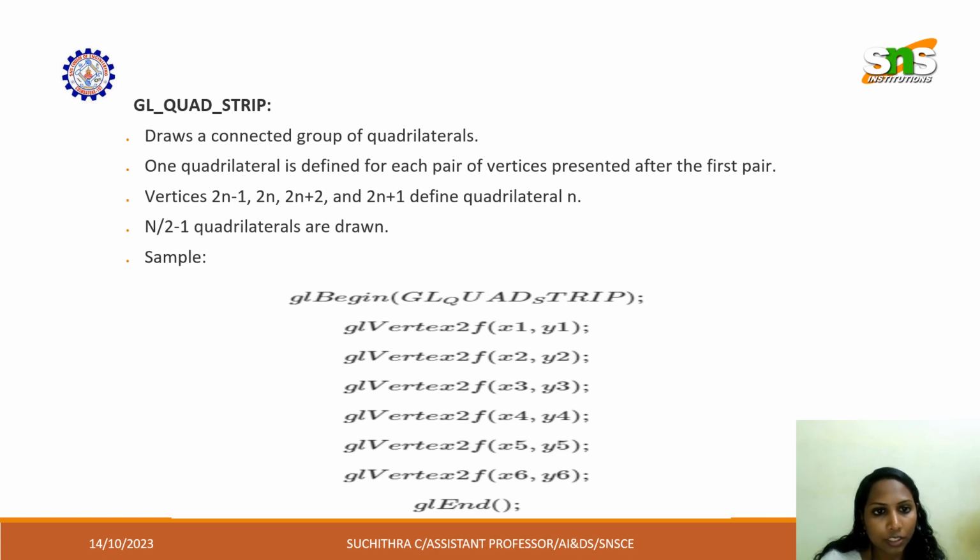First we have to give the function glBegin(GL_QUAD_STRIP). Vertices x1, y1 and so on. Here we are giving 6 vertices, and glEnd().